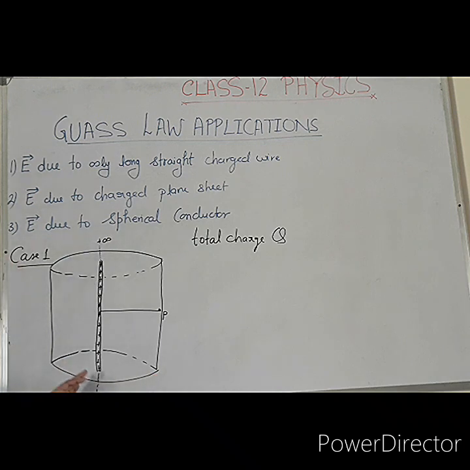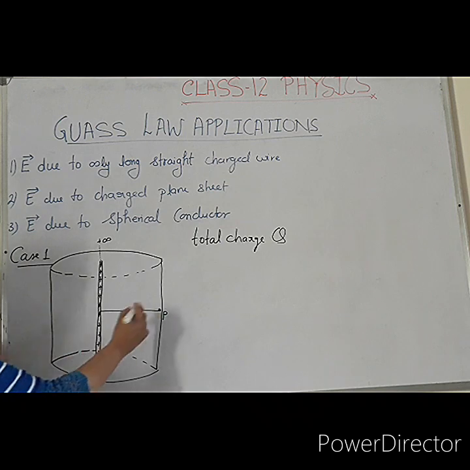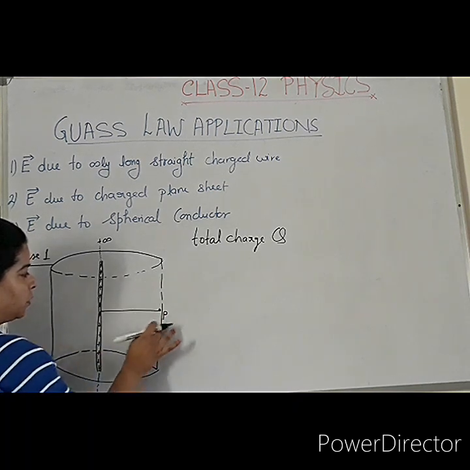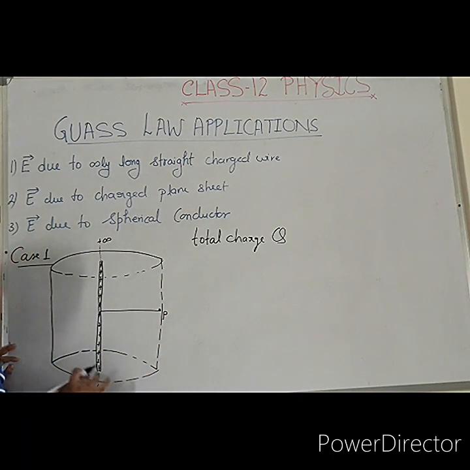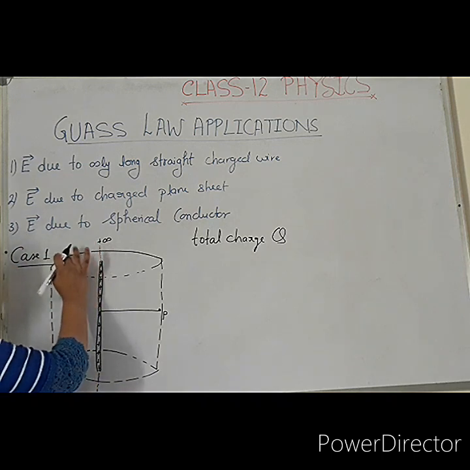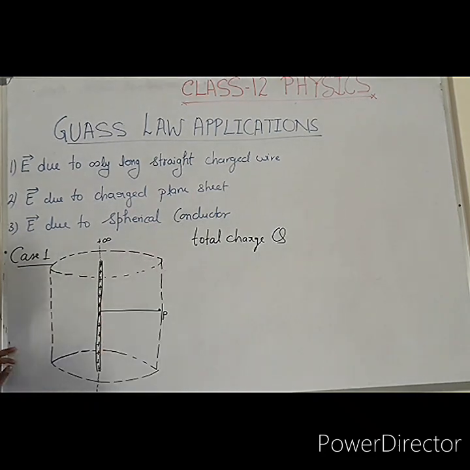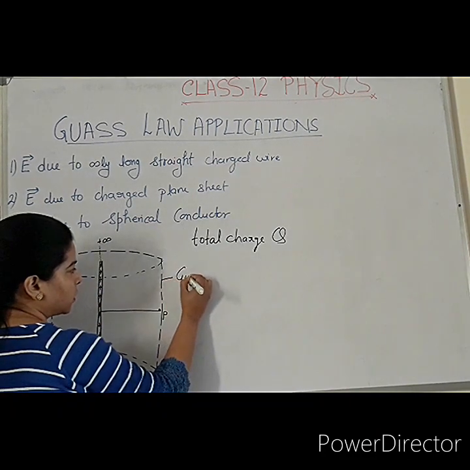This cylindrical shape structure is a Gaussian surface. It should be drawn with a dotted line. Why? I told you it is hypothetical, and a hypothetical surface should be represented by a dotted line. So this whole surface is a dotted line, and this is the Gaussian surface.